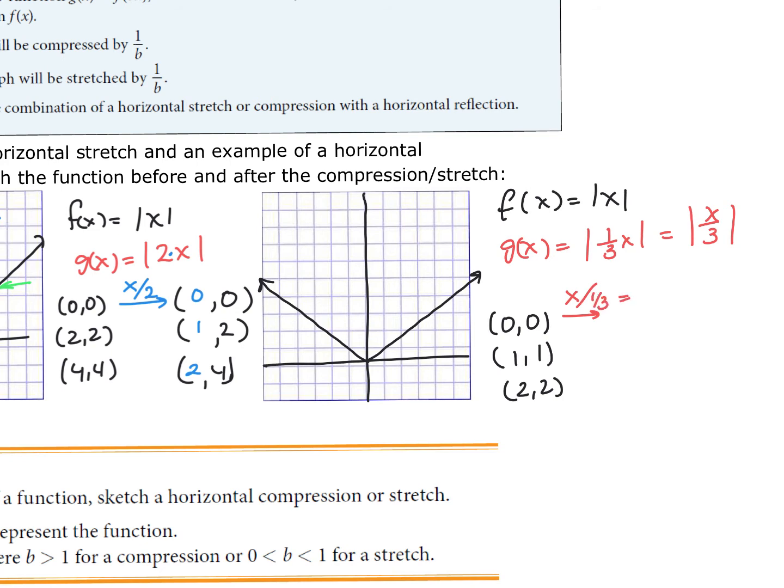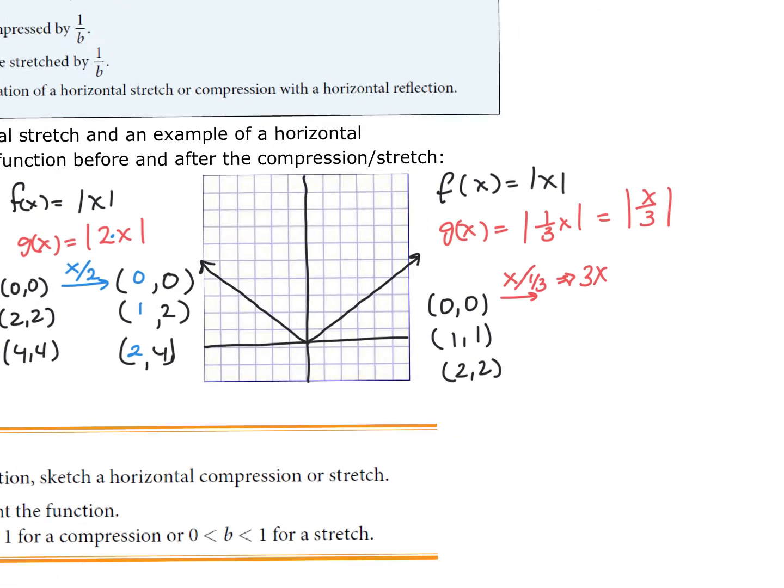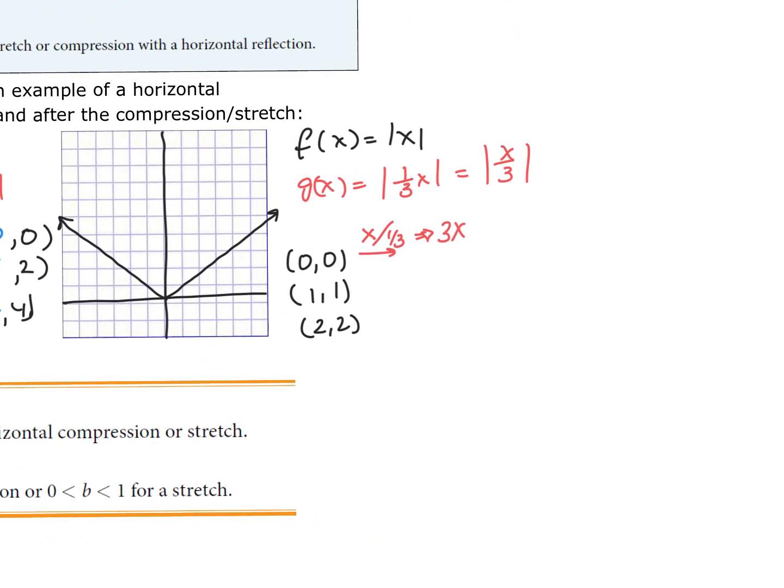So in other words, what I'm really doing is I'm taking all my x's and multiplying by 3, because it looks like I'm dividing by 3 right here, which means I must have to do the opposite. So I'm going to multiply by 3. So once again, I know that my y values aren't changing, so notice how I go ahead and write my y values as they are, and then I'm going to take all my x's and multiply by 3, so 0, 3, and 6.